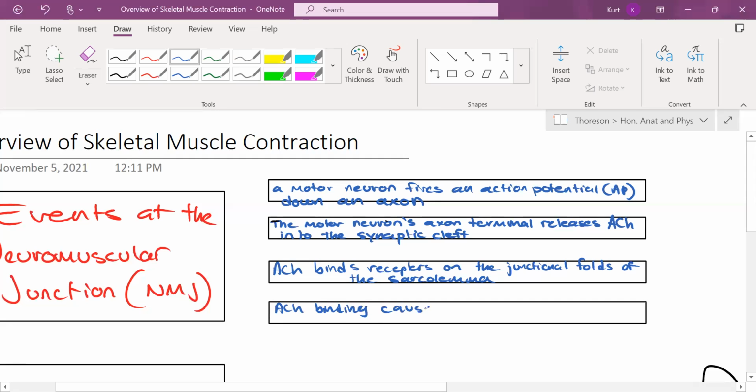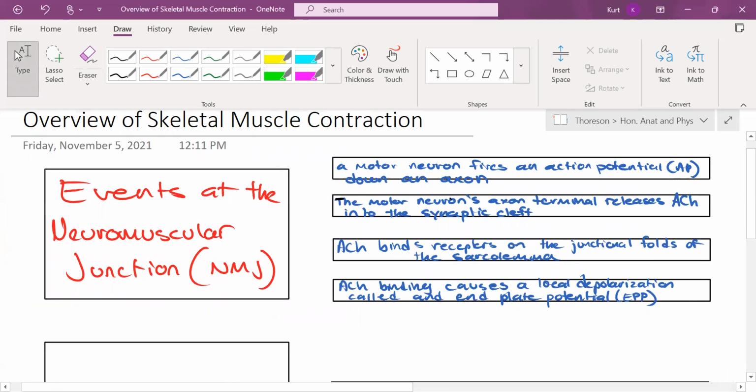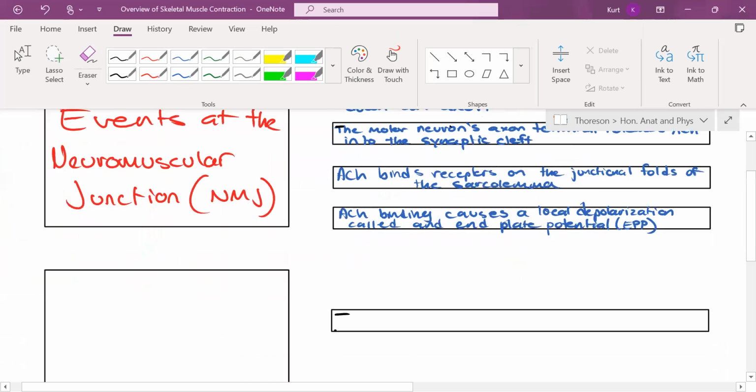Acetylcholine binding causes a local depolarization, called an end plate potential, EPP. All right. So there are all of the events that take place at the neuromuscular junction. Let's move on to the next one.